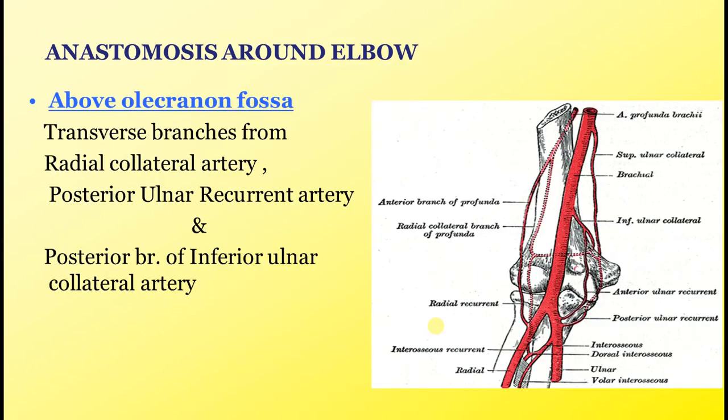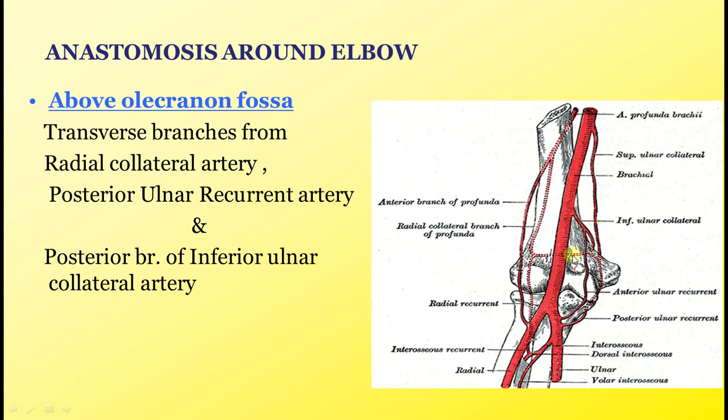There is also one more transverse anastomosis above the olecranon fossa, a transverse branch from the radial collateral, which is a branch of the profunda brachii artery, and a transverse branch from the posterior ulnar collateral. So you see the posterior ulnar collateral also giving a transverse branch, radial collateral and posterior ulnar collateral anastomosing with the posterior branch of inferior ulnar collateral.